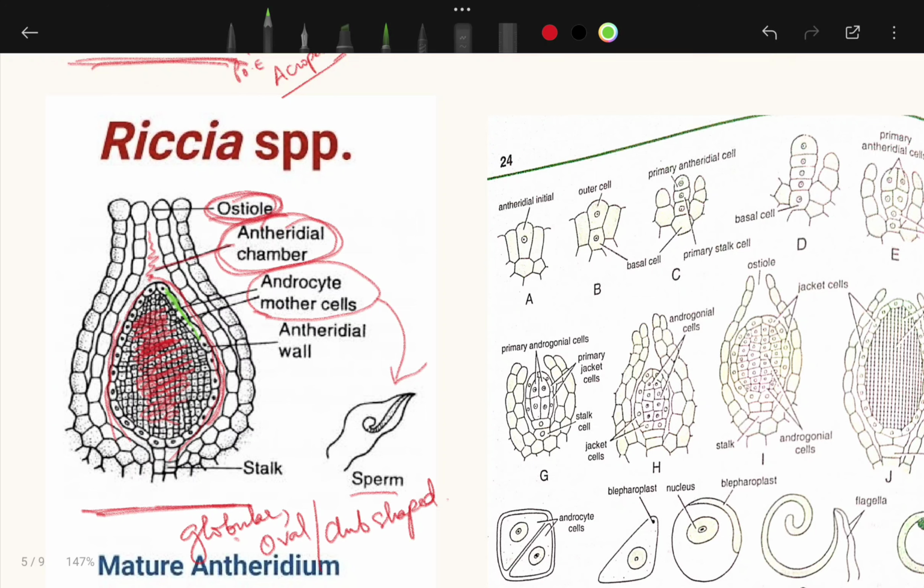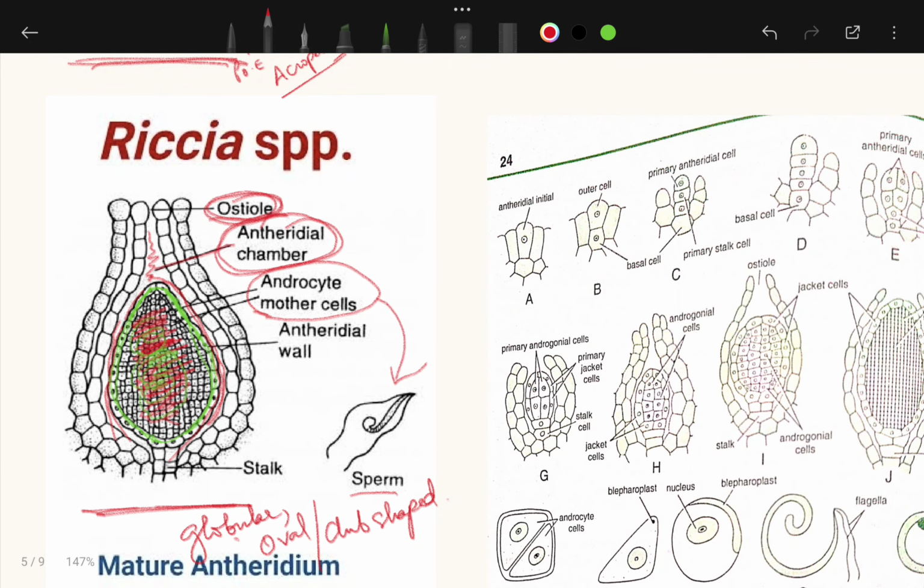This single layer of cells, this green shaded region, these are sterile jacket cells. Okay, they are sterile, meaning that they do not contribute in the production of sperms. Okay, and inside this you will find fertile cells. These fertile androcyte mother cells will give rise to sperms.